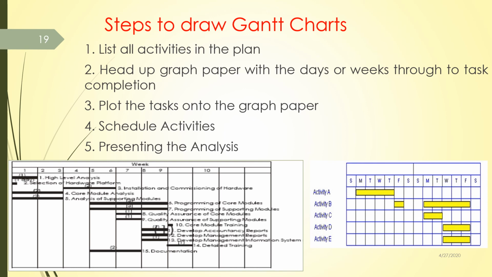Here an example is taken in which 15 activities are shown on a 10 week project, in which a number of activities are performed in sequential as well as parallel manner. Activities 3, 4, 7 are executed in parallel, whereas activities 1, 2, 3, 5, 10 are performed sequentially.